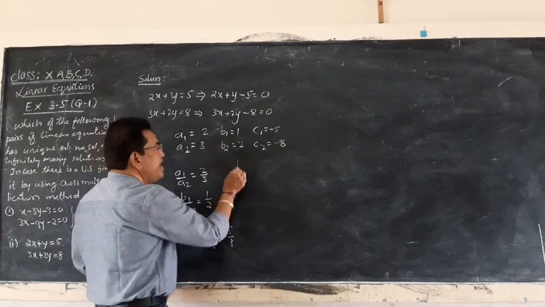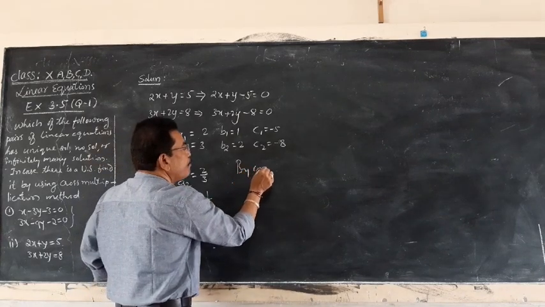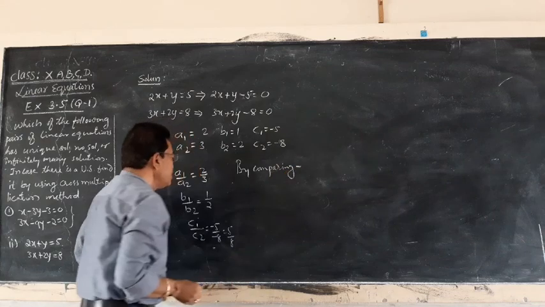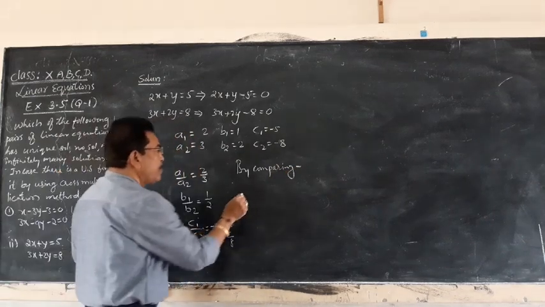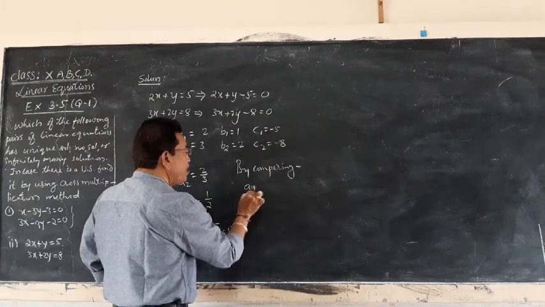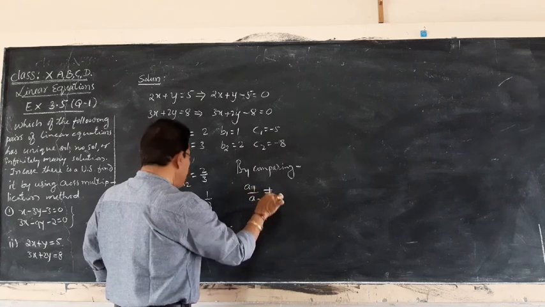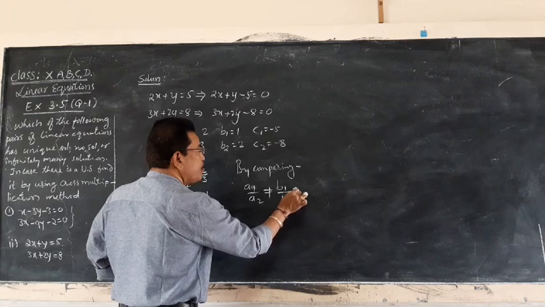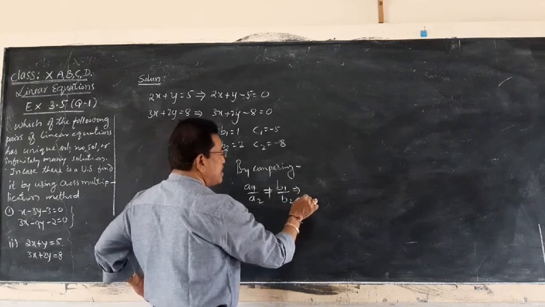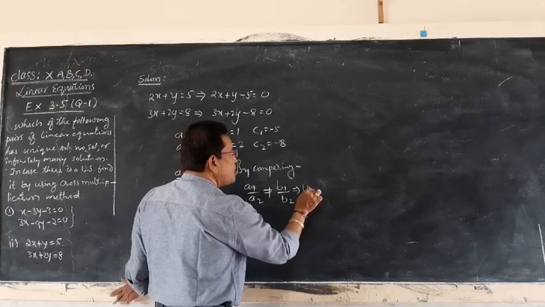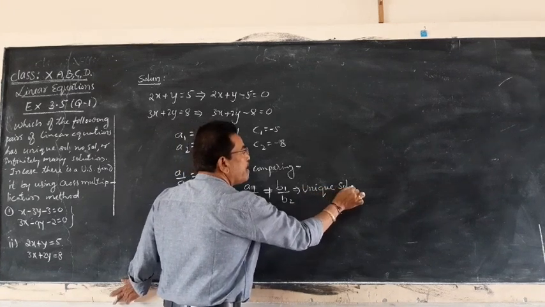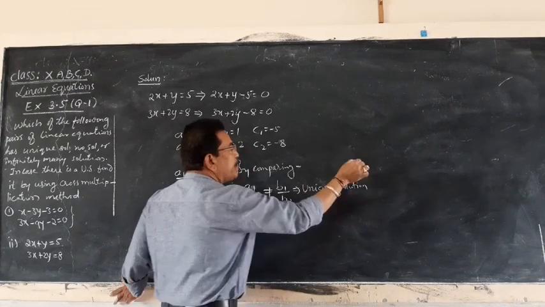By comparing the ratios, a1 by a2 is not equal to b1 by b2. That implies what? A unique solution.